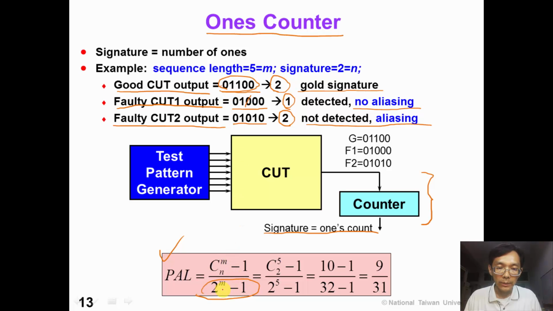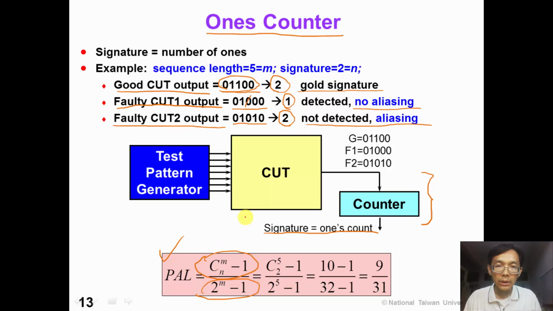In the numerator, we have the combination of m choose n minus 1, where m is the output sequence length and n is the signature, which is the number of ones in the good CUT output.